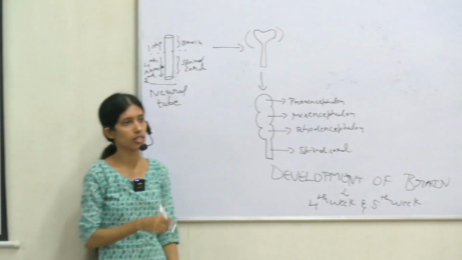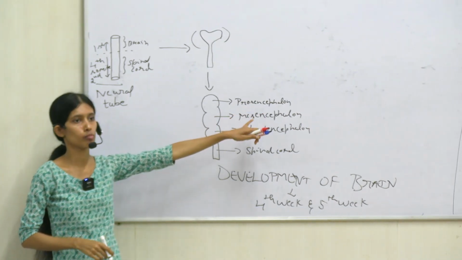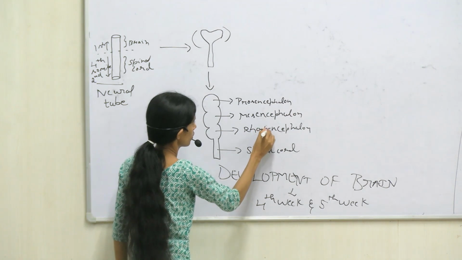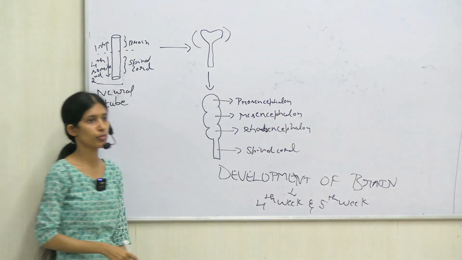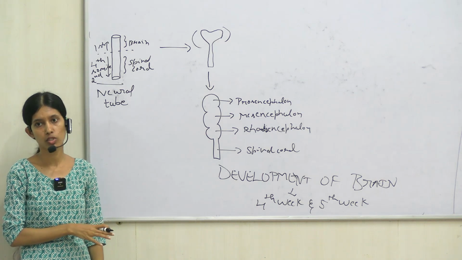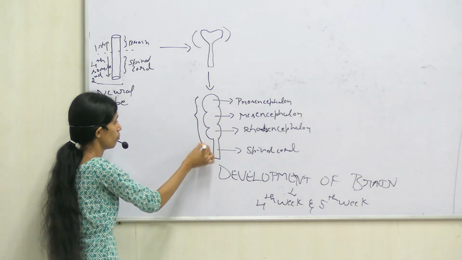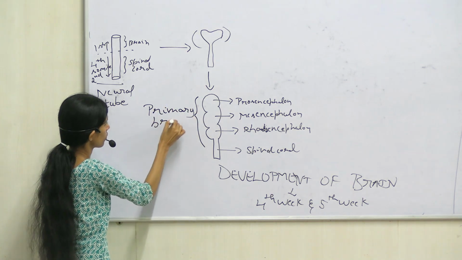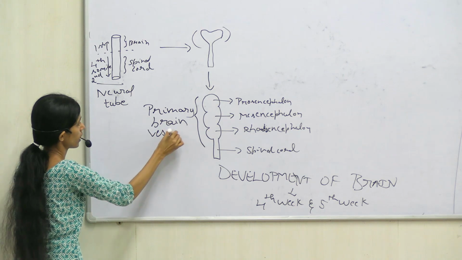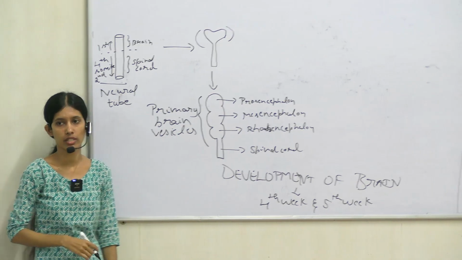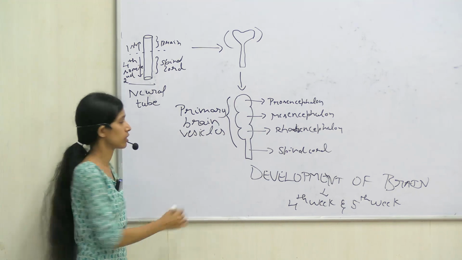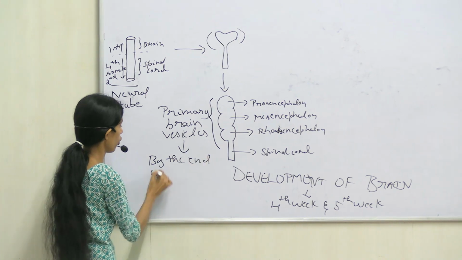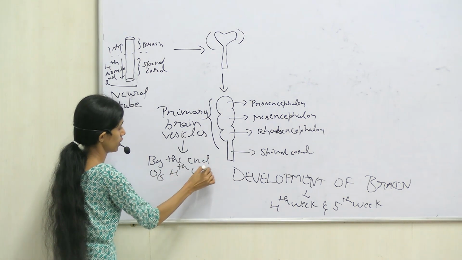First we can see three vesicles: prosencephalon, mesencephalon and rhombencephalon. Since these are the very first vesicles to form in the development of the brain, these are named primary brain vesicles, and they can be seen by the end of the fourth week.